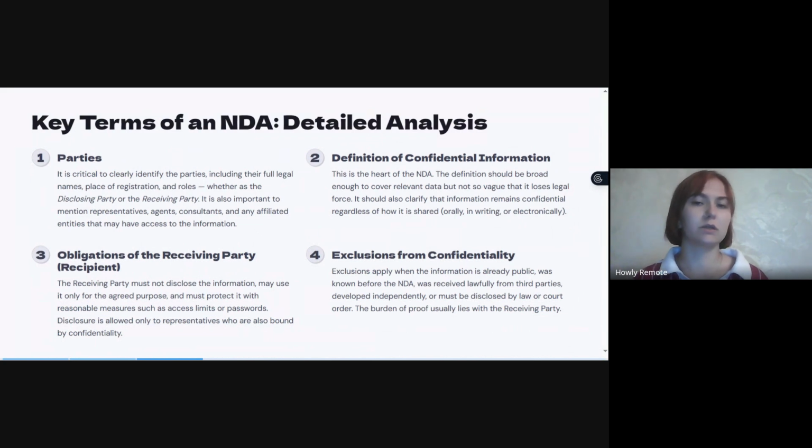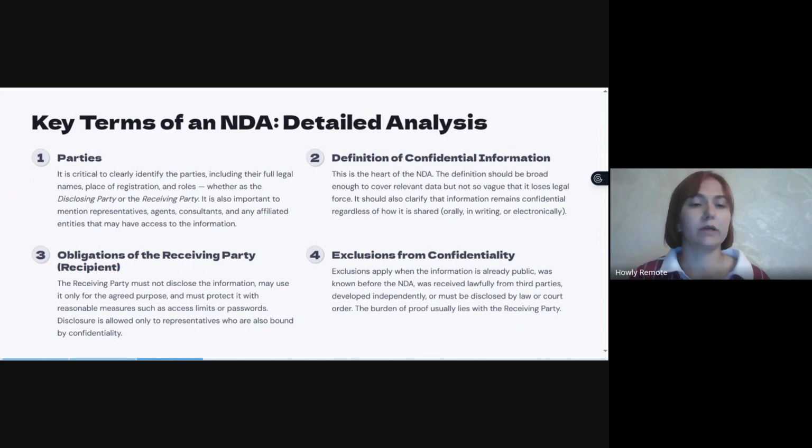Common exceptions include information that is already publicly known, information that the receiving party knew before signing the NDA, information received legally from a third party, information independently developed by the receiving party, and information that must be disclosed by law or court order, usually with prior notice to the disclosing party.